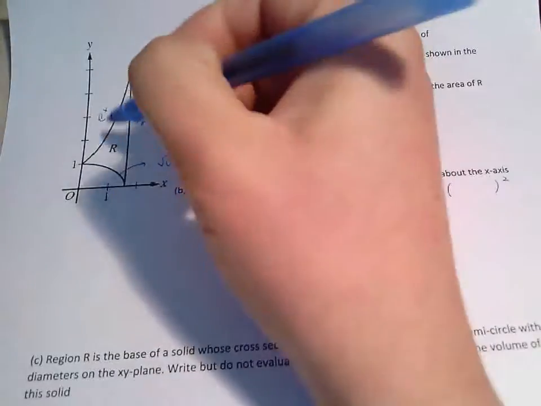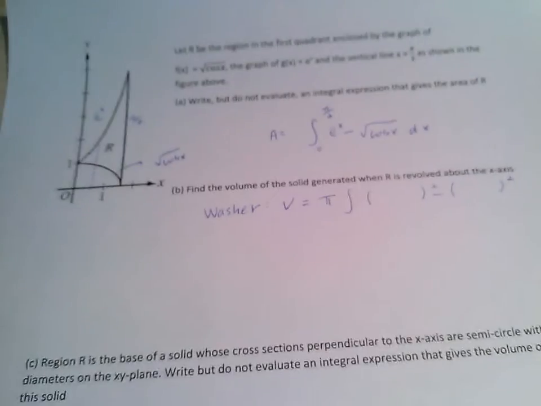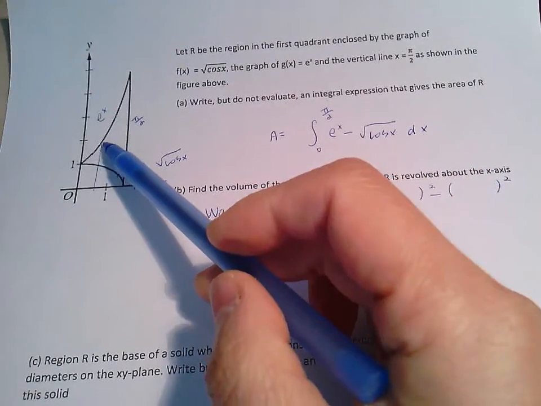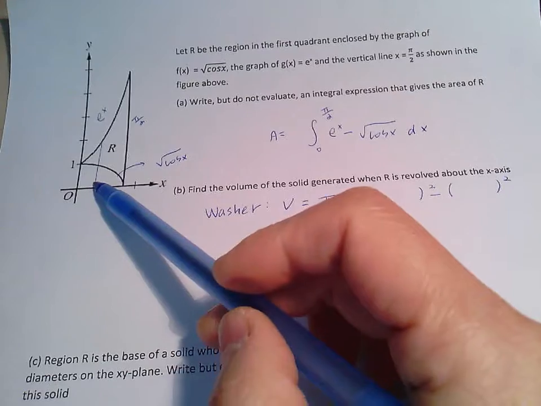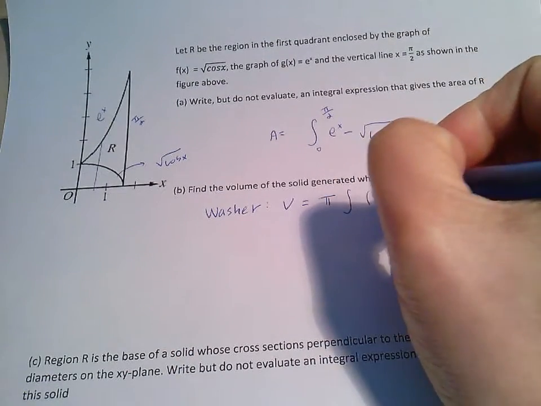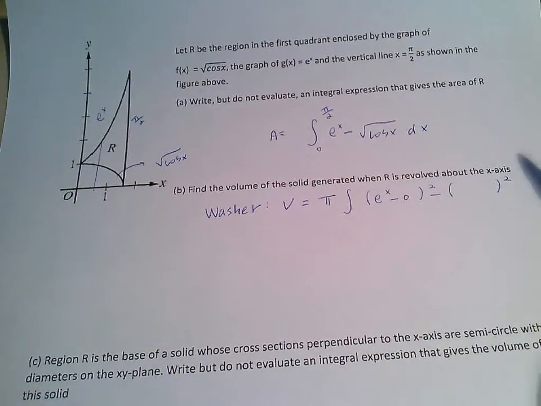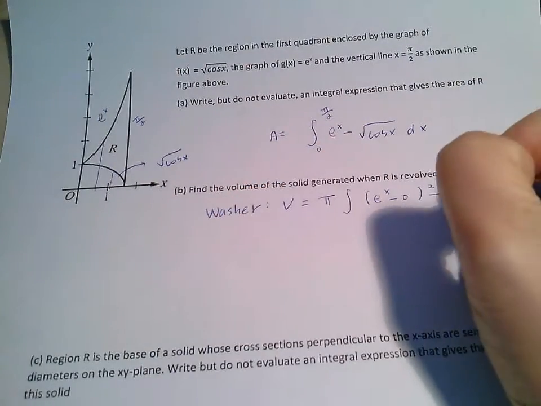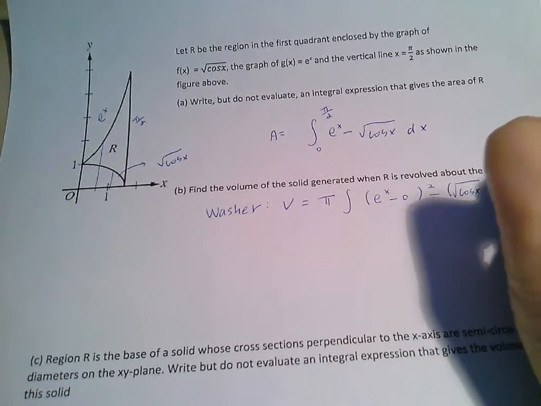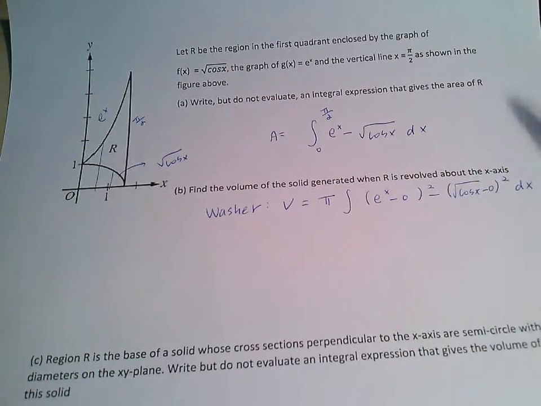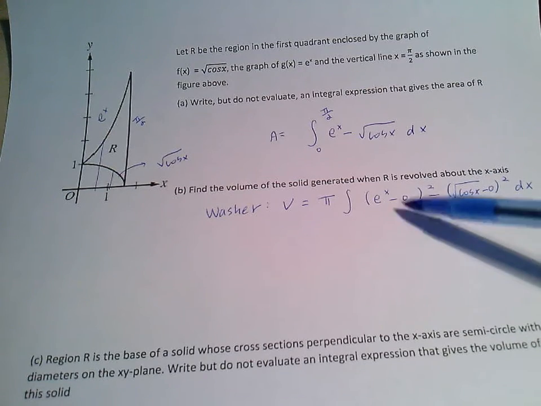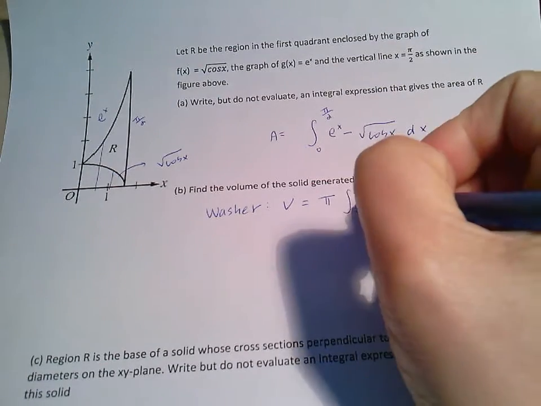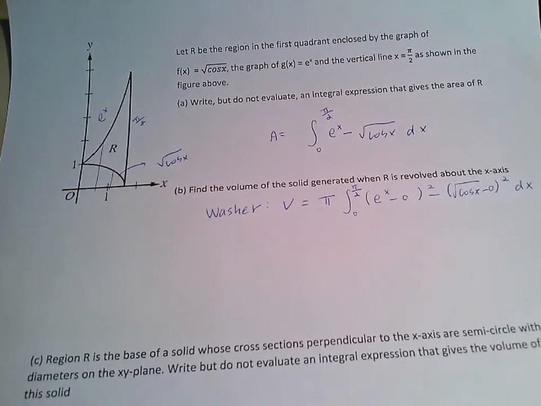Since this one is going around this way, the outer radius is top minus bottom, e to the x minus 0. The inner radius, which is the hollow, is root of cosine x minus 0. We know this is in terms of x because the radius is determined by top minus bottom, so we need an x boundary 0 to pi over 2.